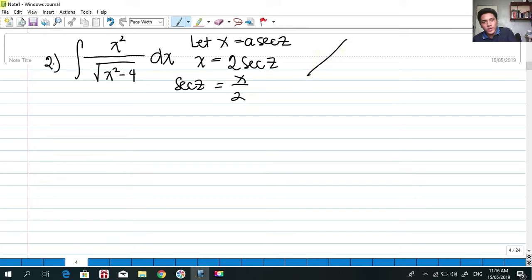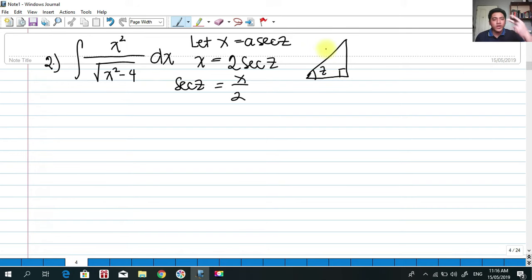And by drawing another right triangle here, we can locate this is the z, this is the side of hypotenuse. So secant of z is equal to x over 2. The reciprocal of secant, 1 over secant, is cosine. And cosine is defined as adjacent over hypotenuse.